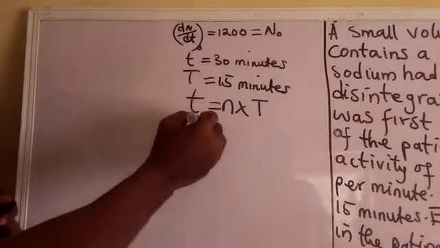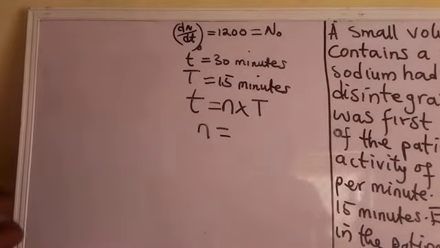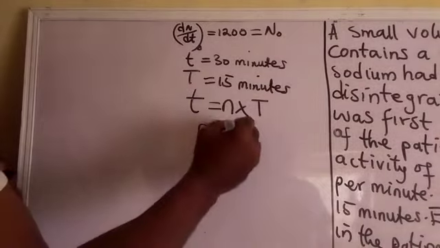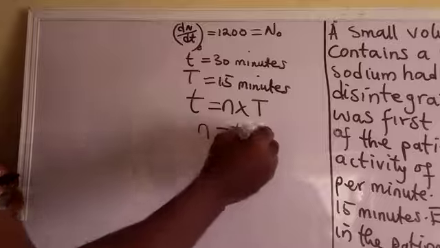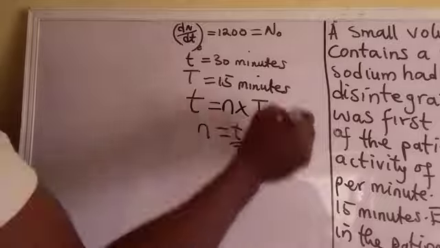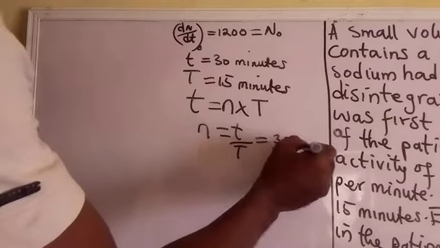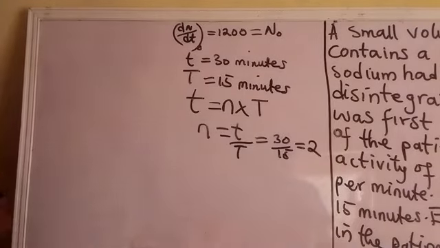So I can find out how many disintegrations took place for this to go from 1200 to 0.5 in 1 cm³. So that will give me T over half-life, time of disintegration over half-life of sodium. And time is 30, half-life is 15, number of disintegrations is 2.